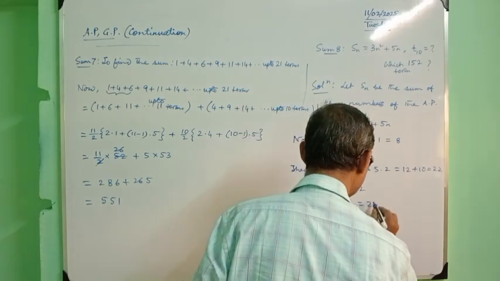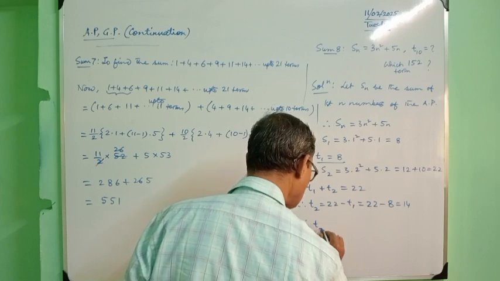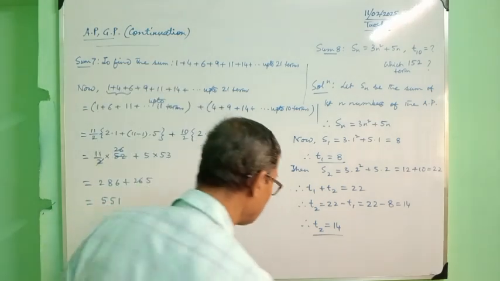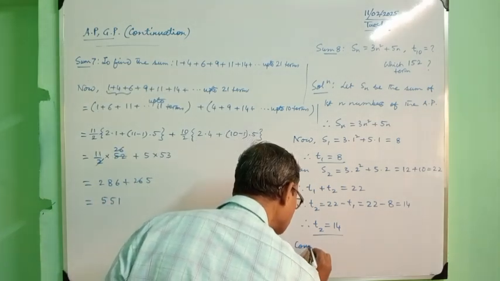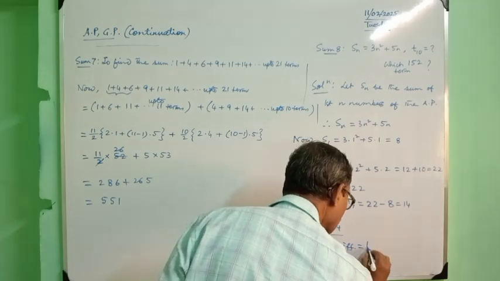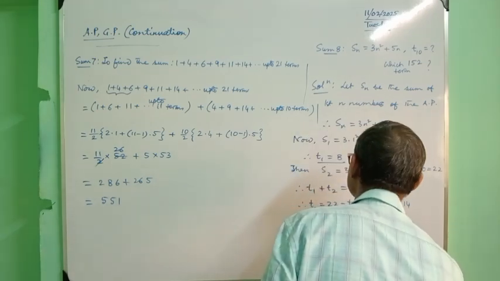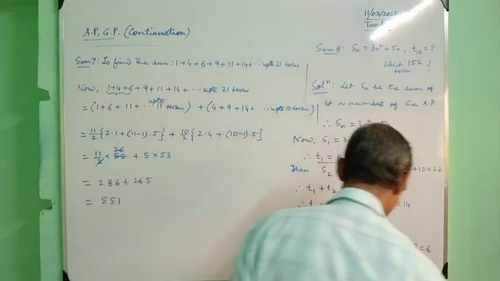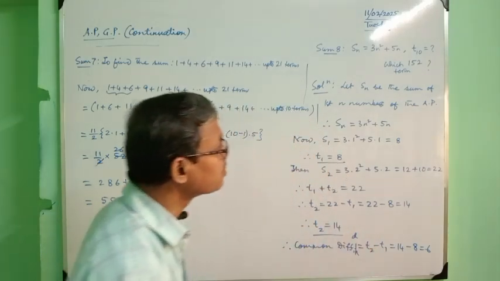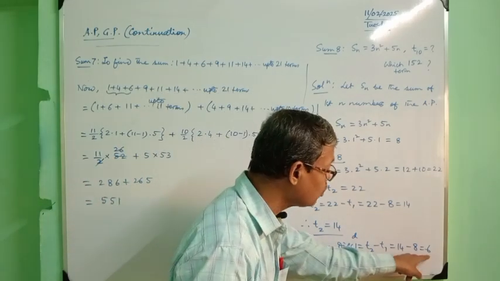Putting the value, 14. Therefore, T2 equal to 14. Thus, we have got first term and the second term. Therefore, common difference D equal to T2 minus T1, 14 minus 8, common difference is D, 6. Therefore, we have got first term as well as common difference.